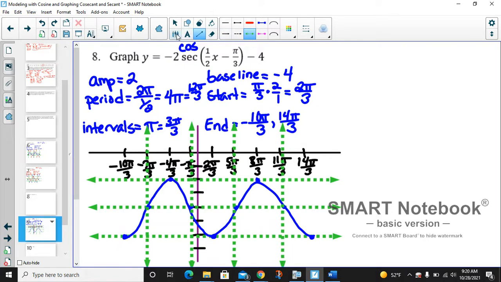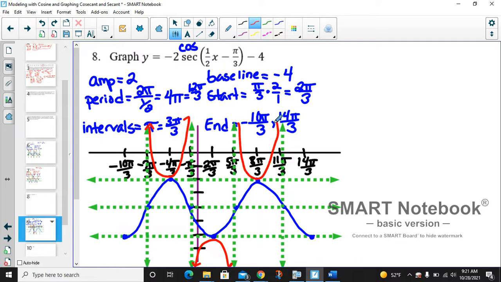And then, at our maximums, we make our little parabolic shape above, and at our minimums, we do it below. And that's it. That's how you do secant and cosecant.